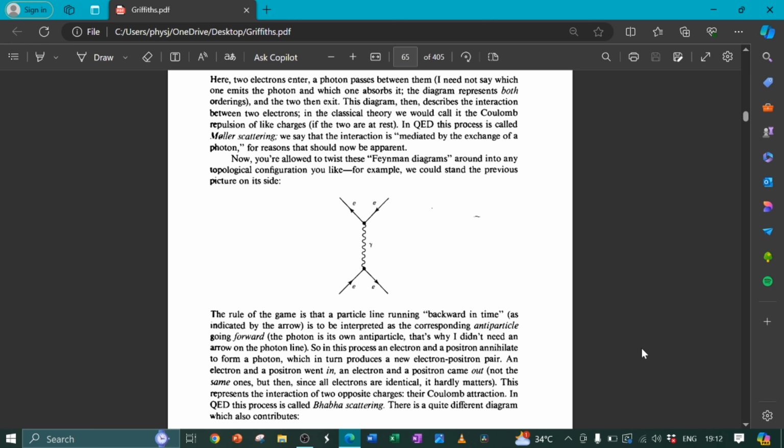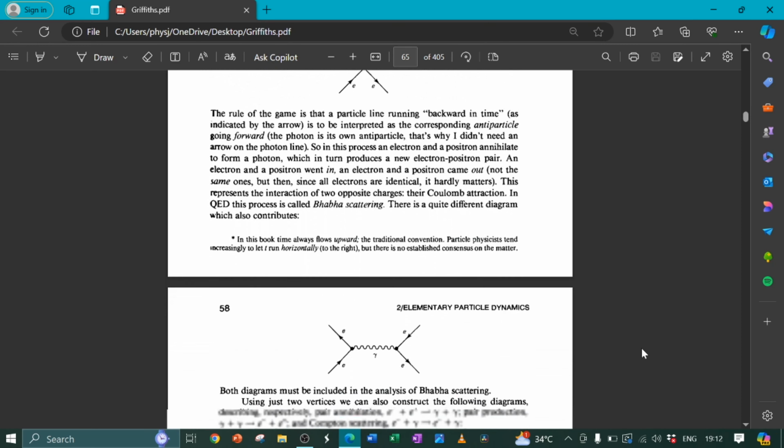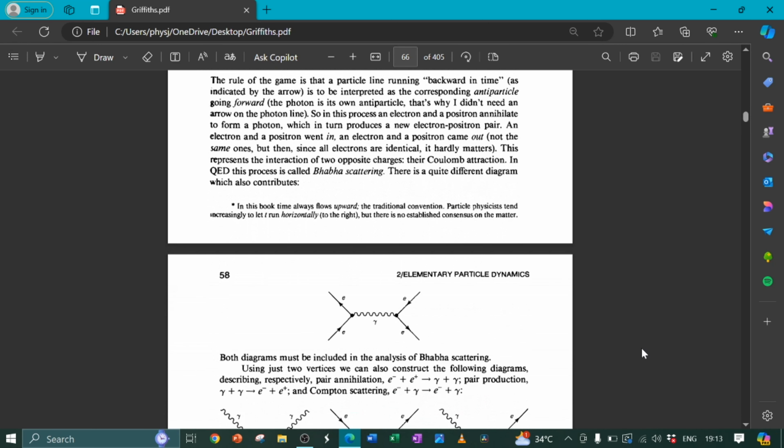There is a quite different diagram which also contributes. Both diagrams must be included in the analysis of Bhabha scattering.